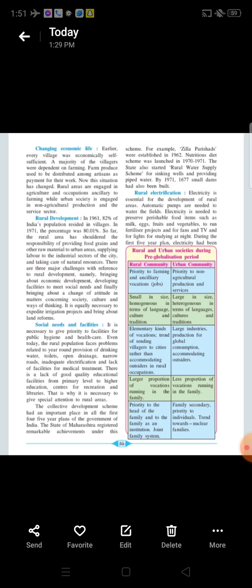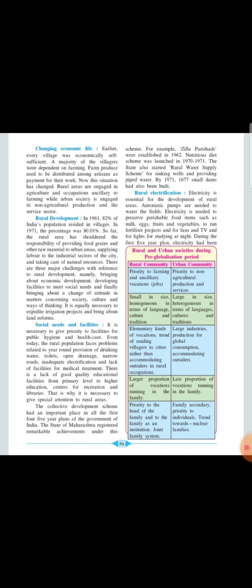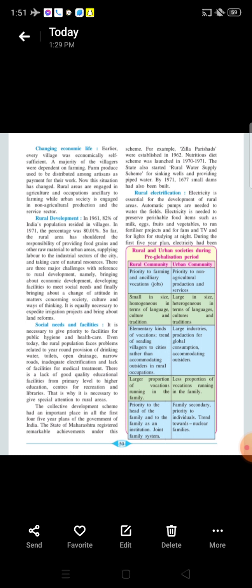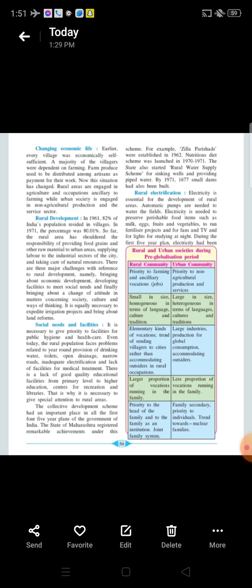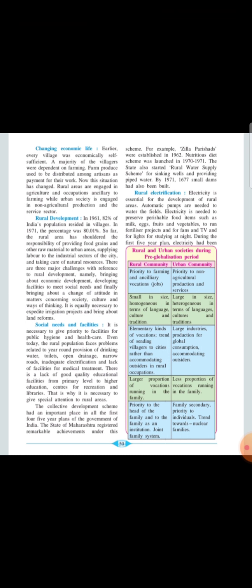Okay, now moving on to the next point, that is social needs and facilities. What are social needs and facilities? Here, it is necessary to give priority to the facilities for public hygiene and health care. Even today, the rural population faces problems related to provisions of drinking water, toilets, open drainage, narrow roads, inadequate electrification, and lack of facilities for medical treatment.